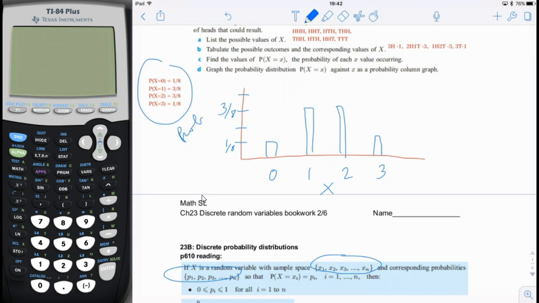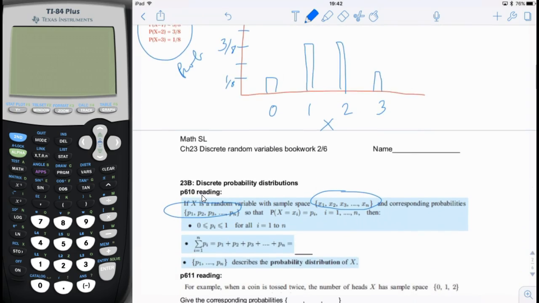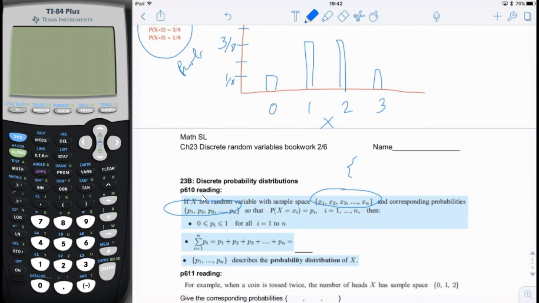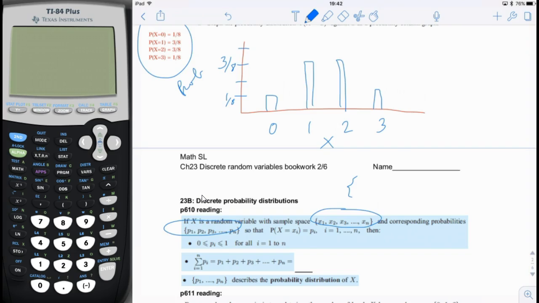Each one of those has a corresponding probability, a number between 0 and 1, in this case 1/8 or 3/8. So if you would write this in this form, in the sample space I have 0, 1, 2, 3 heads, right?